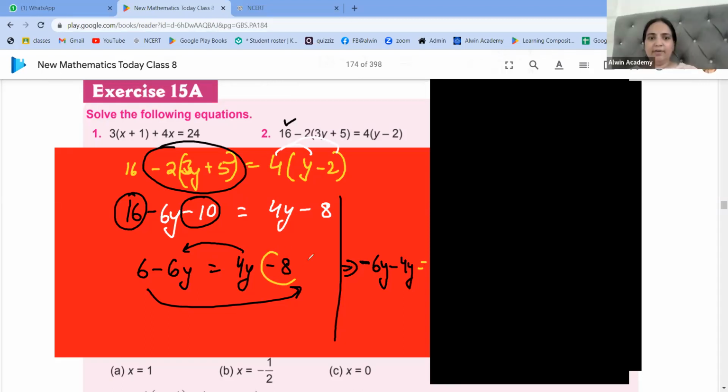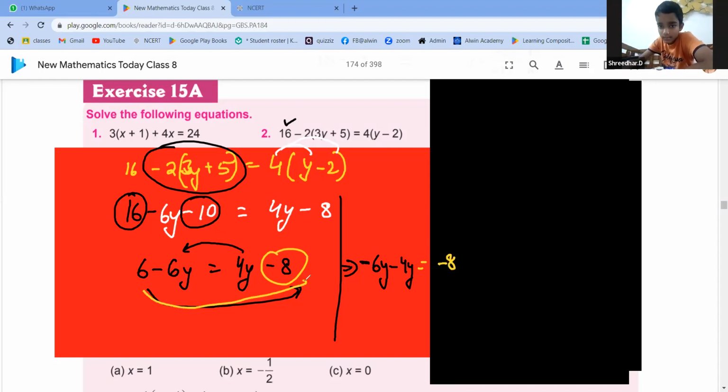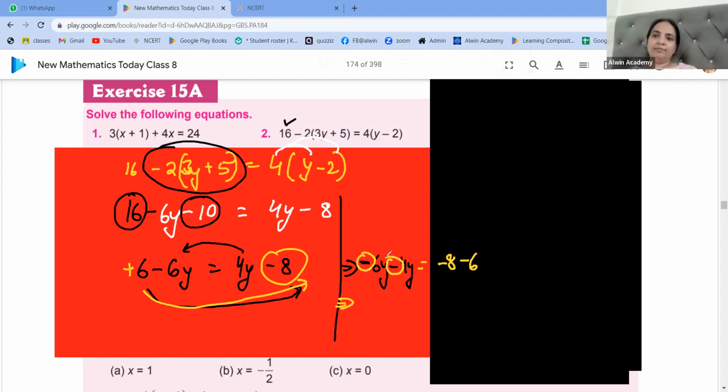Equals, now negative 8 I'll write first. And this 6 taken to the other side, positive here will become negative here. Now both are negatives on your left hand side. So minus 6 minus 4 is minus 10.